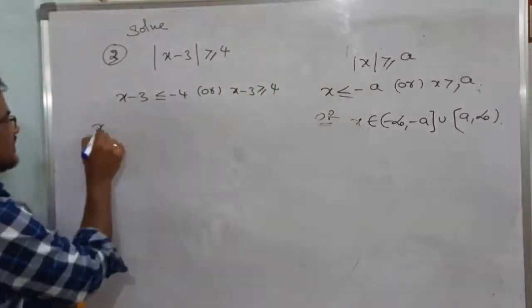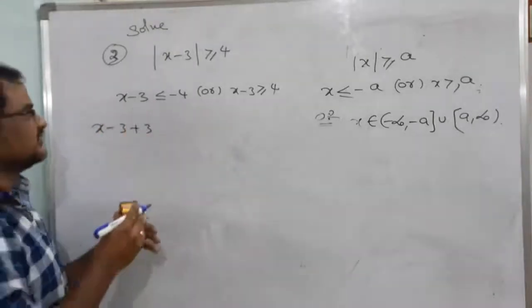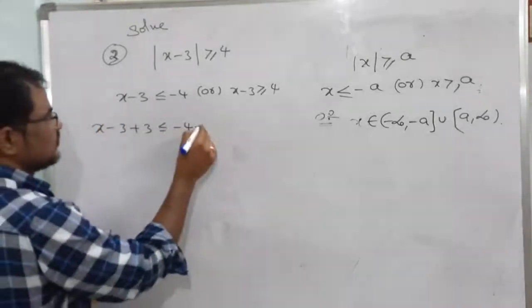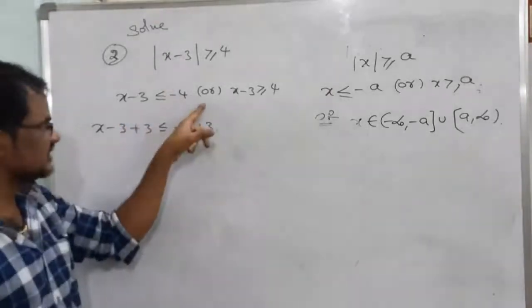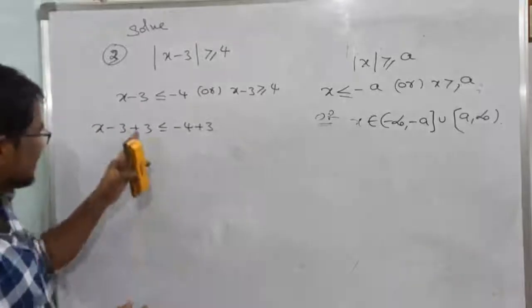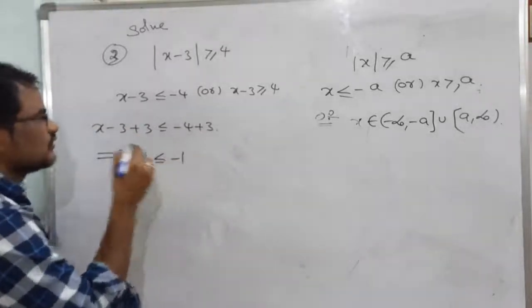So here x minus 3 plus 3, to avoid this minus 3, less than or equal to minus 4 plus 3. Right? Otherwise this minus 3 take that side. So here minus 3 plus 3 get cancelled. What is remaining here? x less than or equal to minus 1.